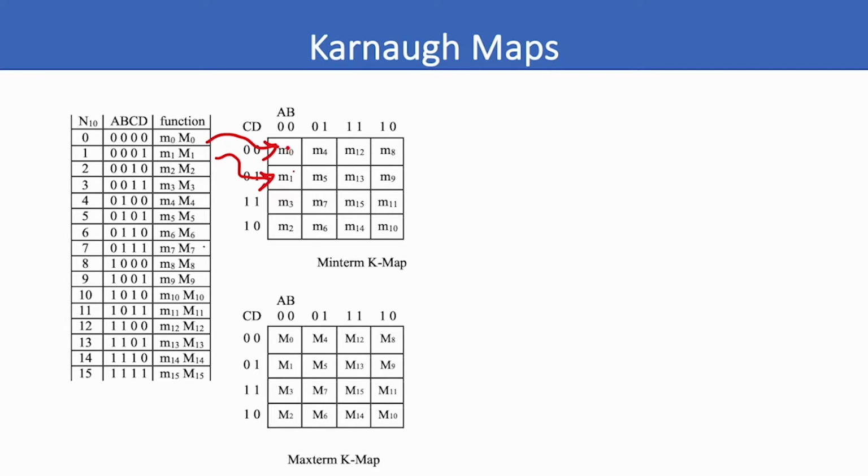Now you notice it goes 0, 1, and then 3, 2. The reason you count 3, 2 is to maintain the adjacency between these two right here. As we move from left to right in the Karnaugh map, this one goes 4, 5, 7, 6. The reason we go from 5 to 7 and then 7 to 6 is to maintain the adjacencies between these two cubes. Now we go all the way to the end here, and we get 8, 9, 11, 10.